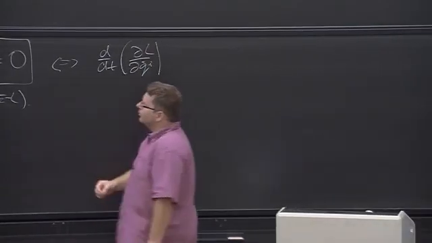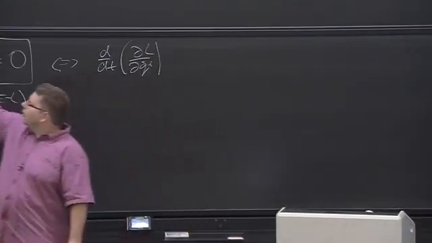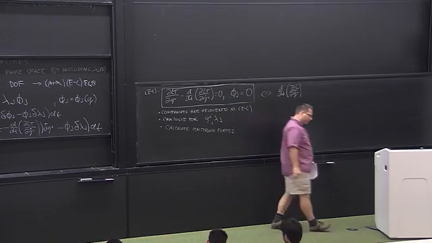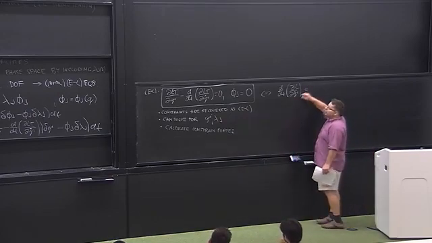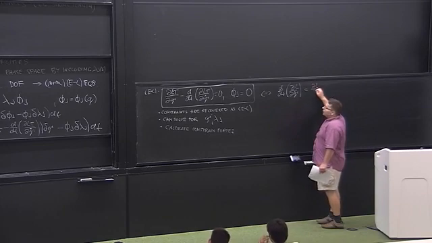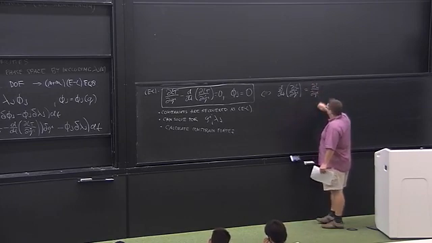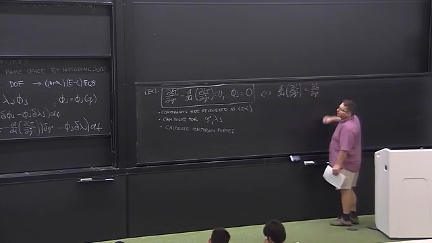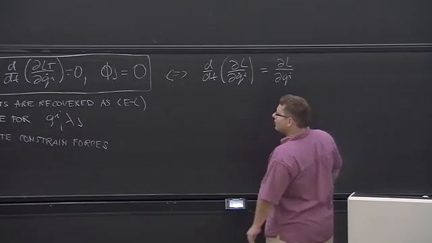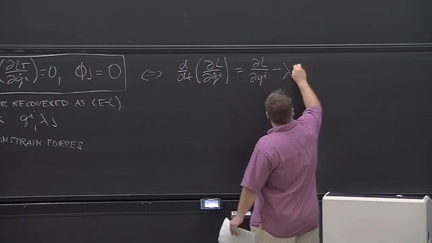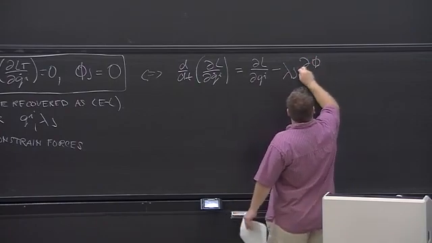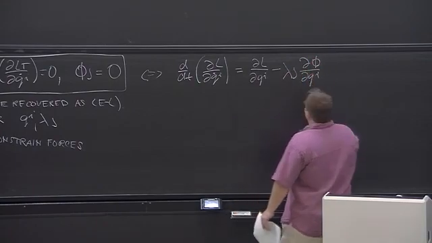Okay, so there's no more contribution because phi doesn't depend on q dot, and that equals dL over dqi, but also there's this other term which is minus lambda j d phi over dqi.